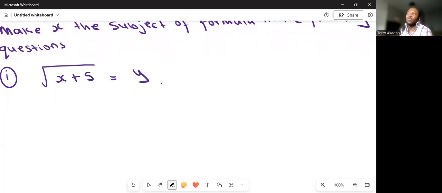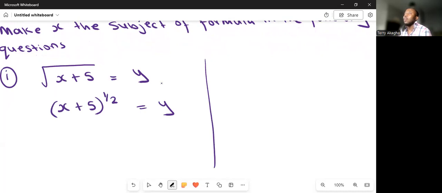So the first thing we need to do is convert this to index. It's the same as saying x plus 5 raised to the power half is equal to y. Or if you don't want to convert it, you can just work with it like that, saying square root of x plus 5 is equal to y.